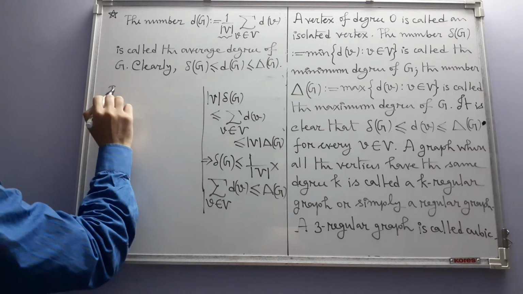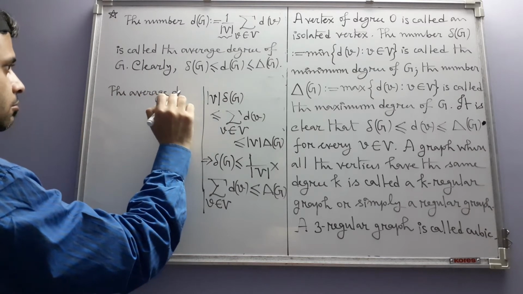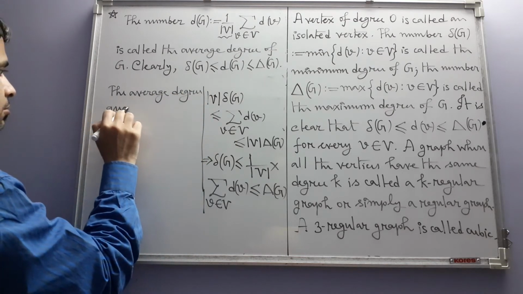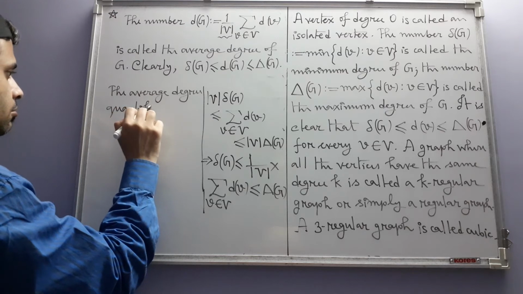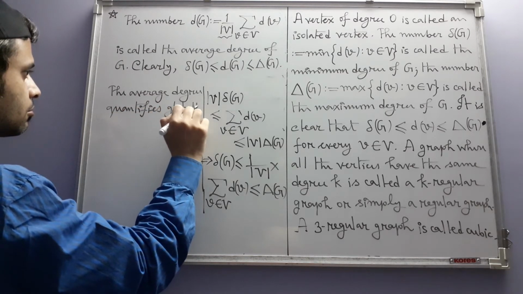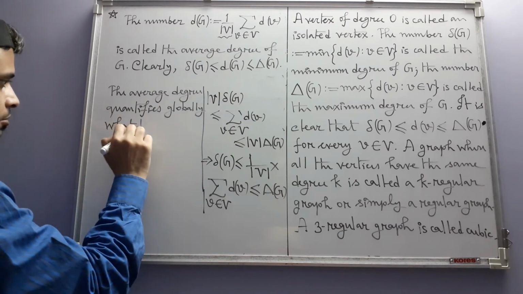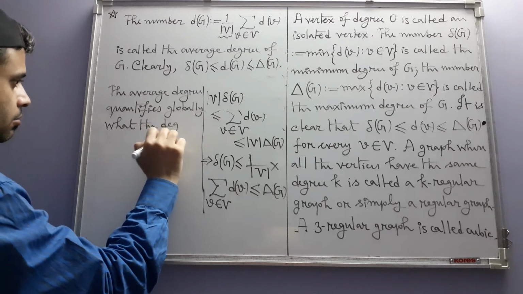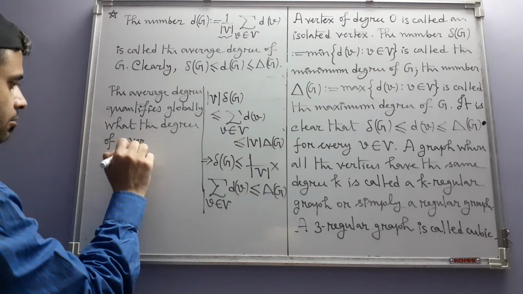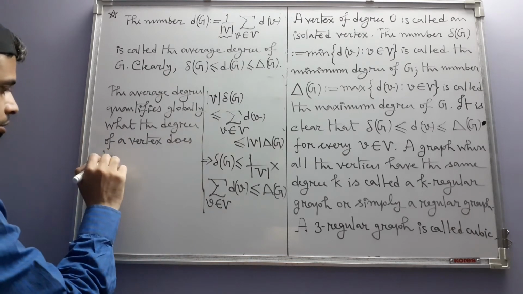The average degree quantifies globally what the degree of a vertex does locally.